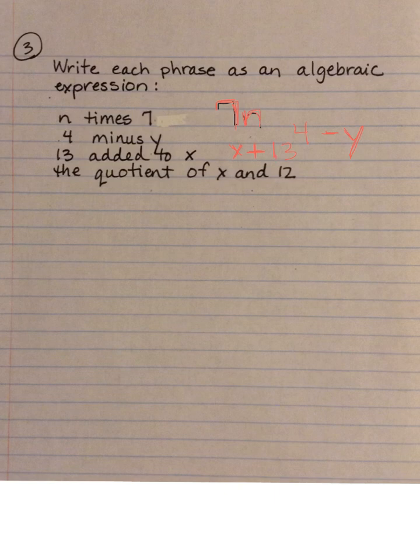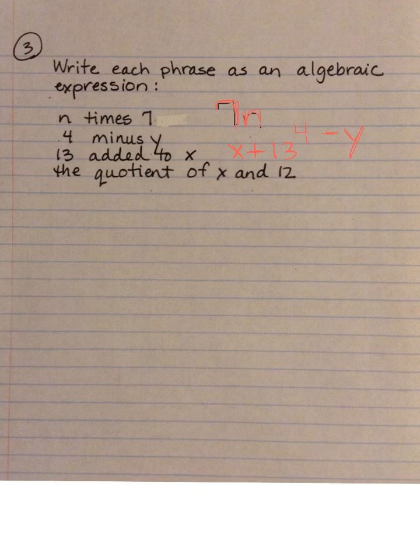Now you might see 13 plus x, and that would mean the same thing really, because in addition they're interchangeable. You can change the positions and the answer will be the same. But as far as following the wording, 13 added to x means you start with x and then you add 13. And then the last one is the quotient of x and 12.